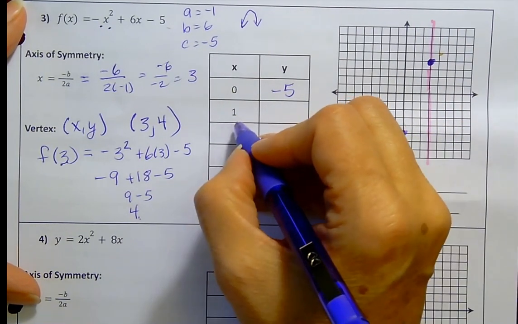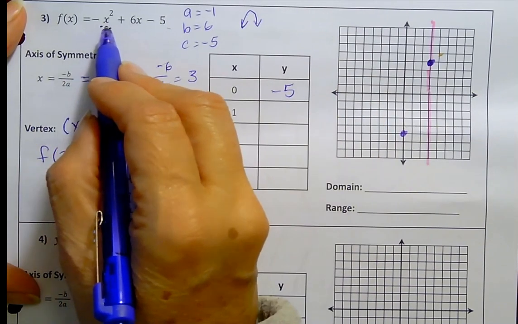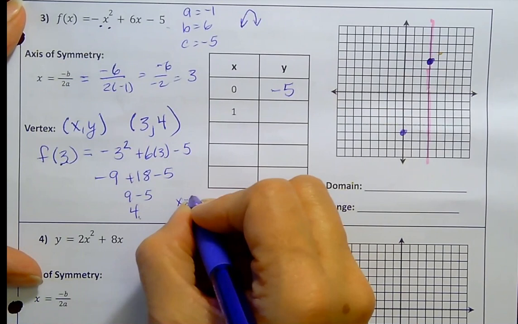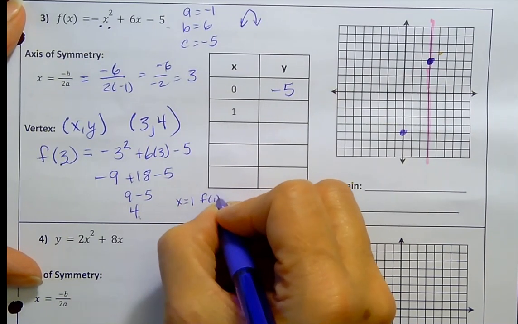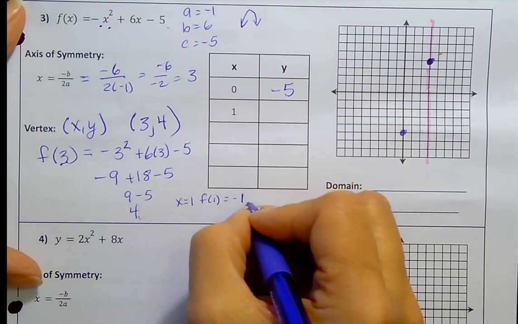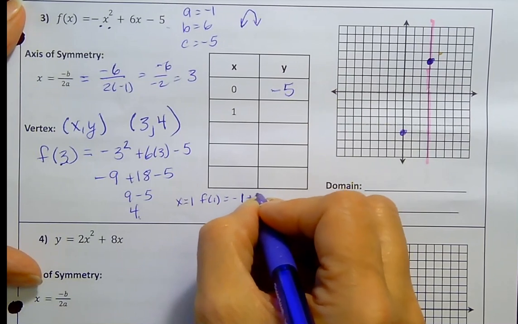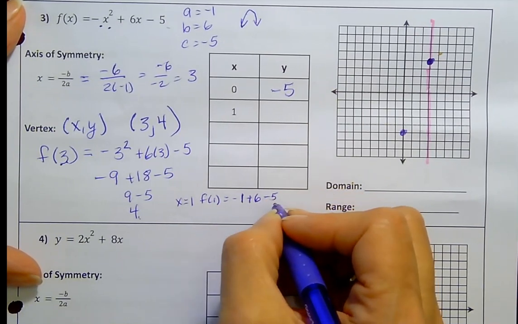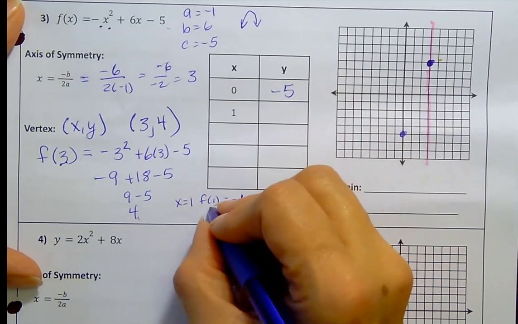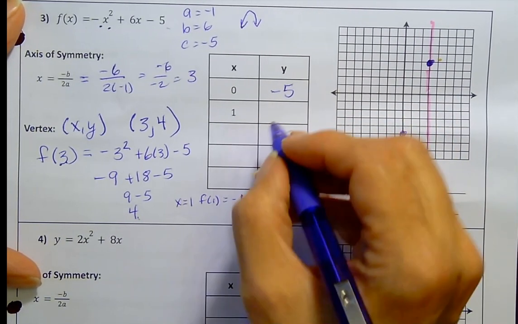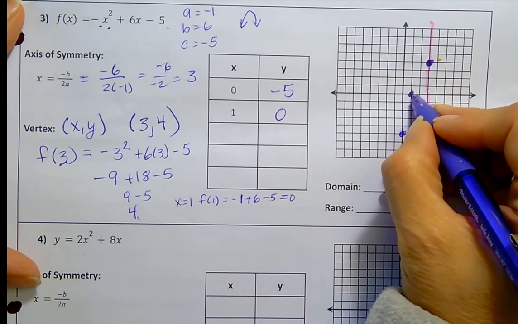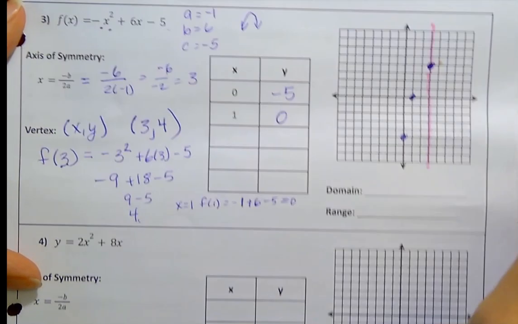When x is 1, let's see. If x equals 1, I'm looking at the f of 1 equals negative 1 squared is 1, plus 6 times 1 is 6, minus 5. Negative 1 plus 6 is 5, 5 minus 5 is 0. So the f of 1 is 0. When x is 1, y is 0. Well, that's exciting. 1, 0. I have a point right there.